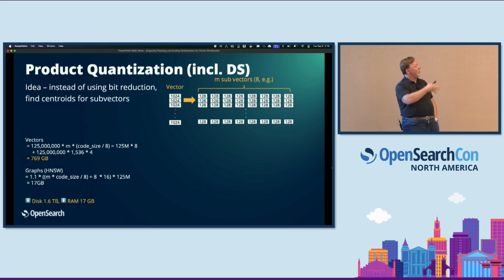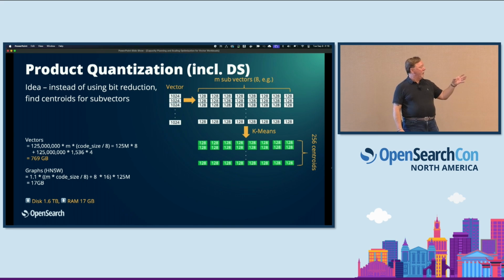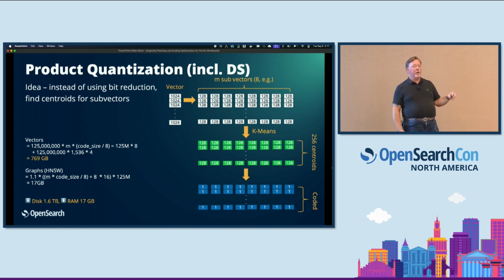So what we do is we take our, in this case, 1024-bit vectors, we split into m subvectors, 8 for instance, and then we use k-means clustering to get 256 centroids for the subvectors. We then code those up and use 1 byte to store them in a table.